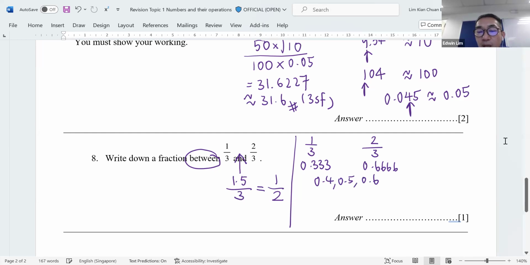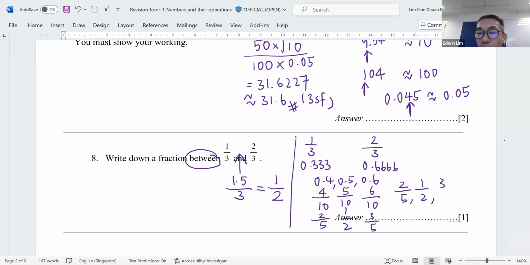Any of these can be the answer. But remember, you need to change it all to become fractions. 4 over 10, which is 2 over 5. Or it can be 5 over 10, which is half. Or 6 over 10, which is 3/5. So the answer can be 2/5, half, 3/5.